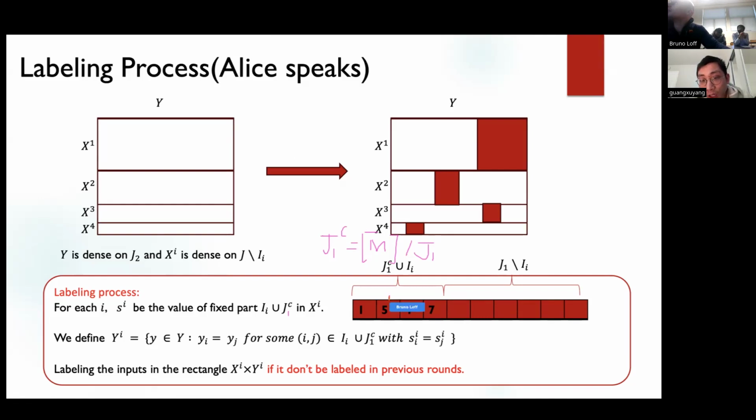Here it would be I, and here it would be J. But there should be a collision. So now you take all the pairs I and J within the fixed things that have the same thing. And now YI is the set of Y's that also agree on these same coordinates. This is the definition of collision.